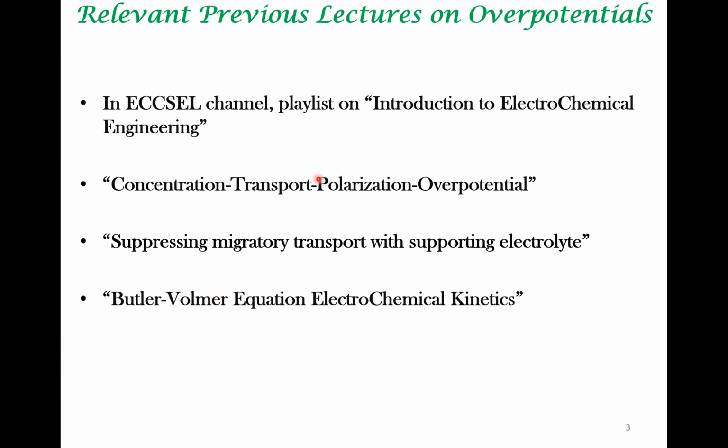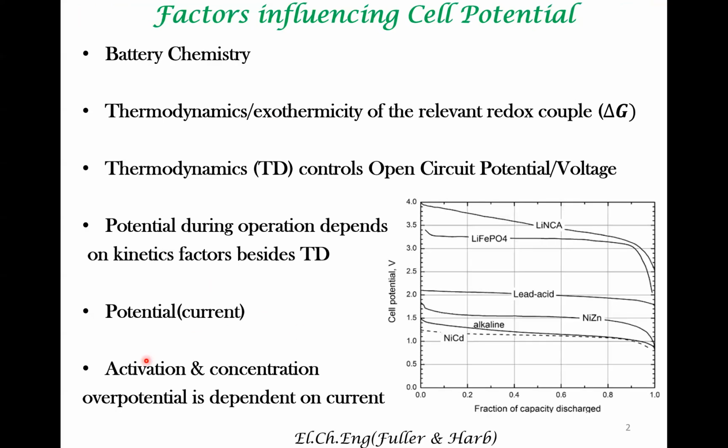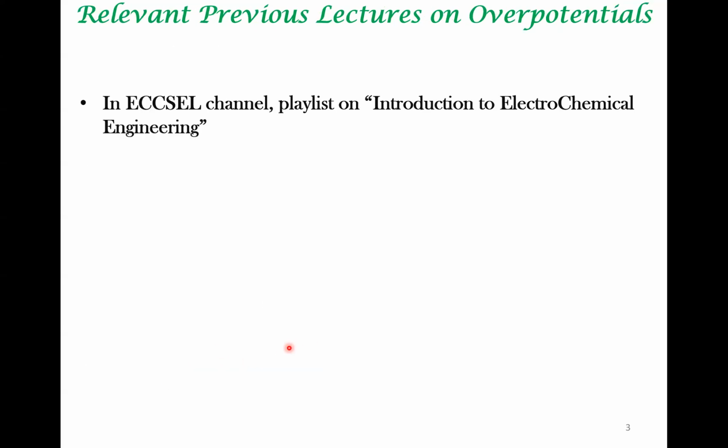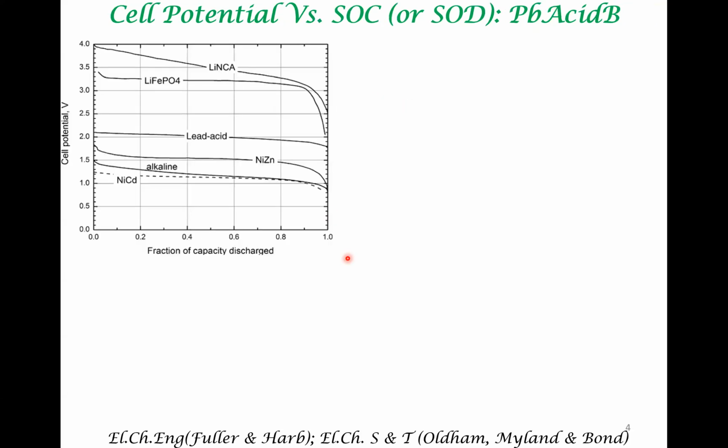So all these three lectures are very critical, and your understanding of them is very important to clarify this notion. This is a good time to pause and go through these lectures before proceeding ahead.